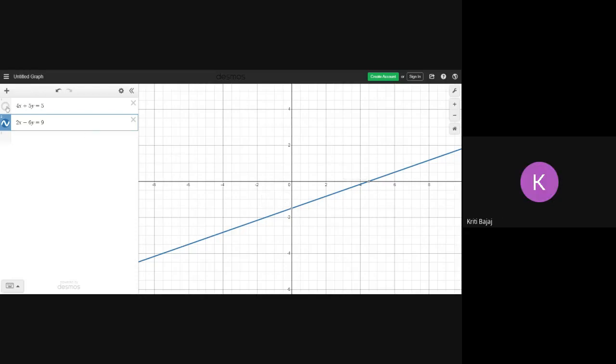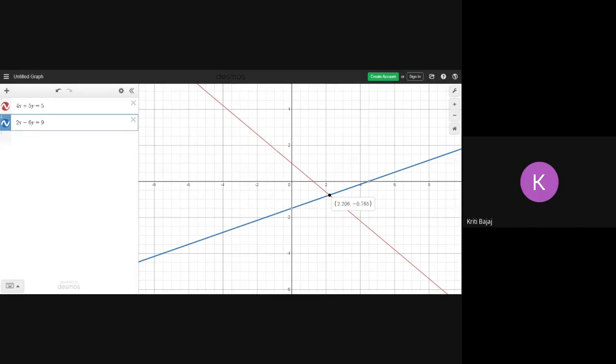But when I place both of them together, how many points will satisfy both of them simultaneously? Only one. And this happens to be, graphically I've observed, 2.206 and minus 0.765.